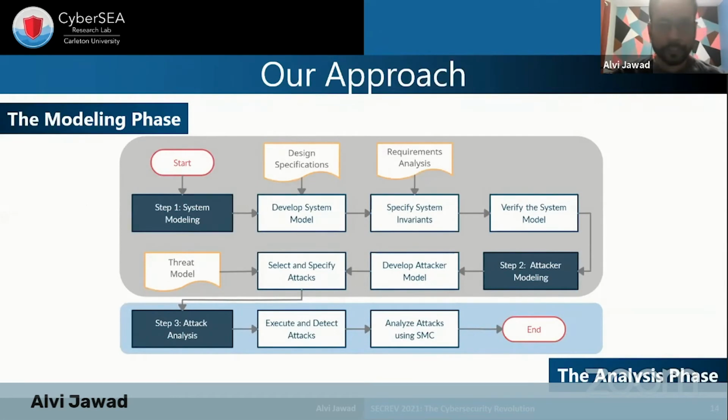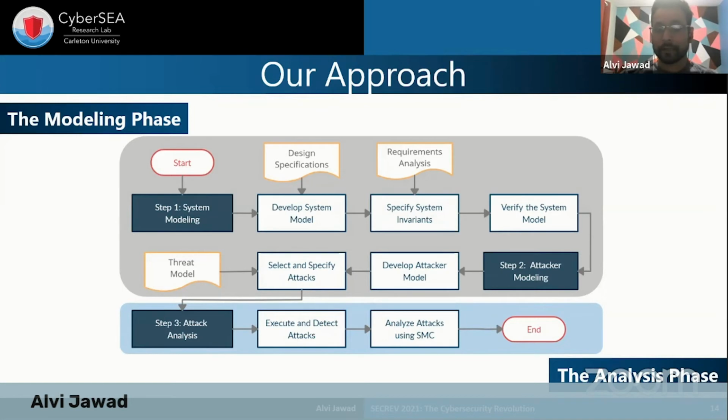So our approach is divided into 2 different phases. So the first phase is the modeling phase, where in step 1, we start with the system modeling. And for this phase, we need the design specification documents and the requirement analysis phase documents. So these are again documents that can be found at the very early stages of system development. So from the design specifications document, we develop a system model.